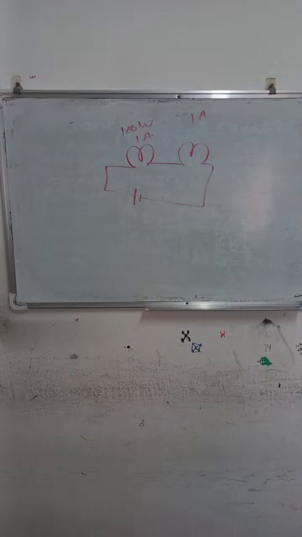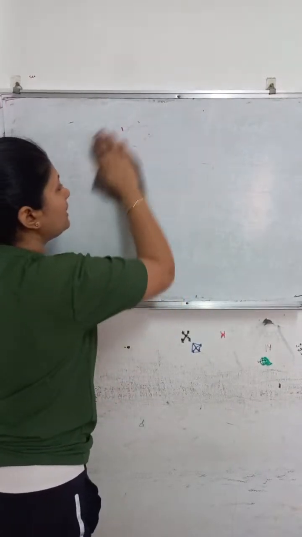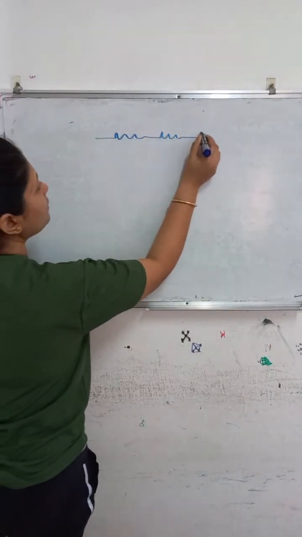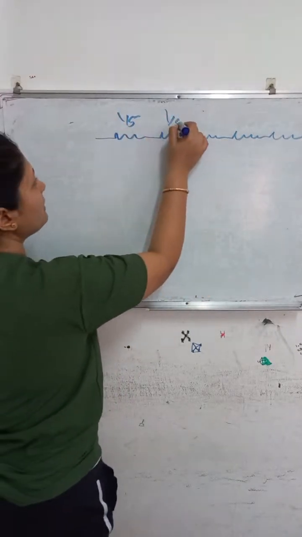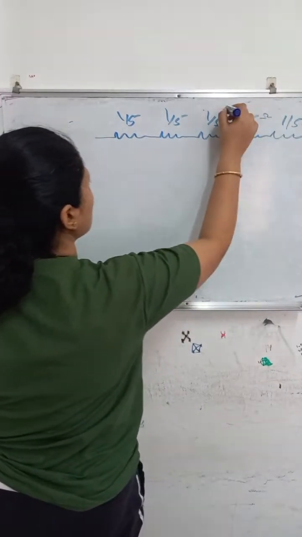Maximum resistance we are getting when the resistors are connected in series. So here, how many total resistors are there? They are saying 5 resistors are there, and each has resistance 1 by 5 ohm.